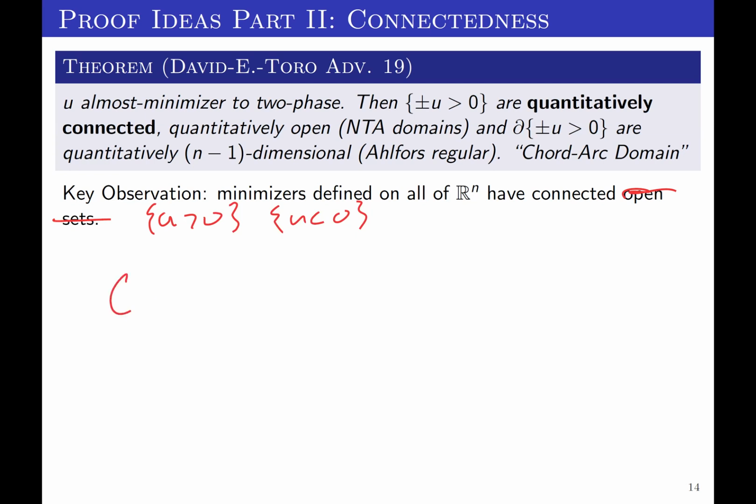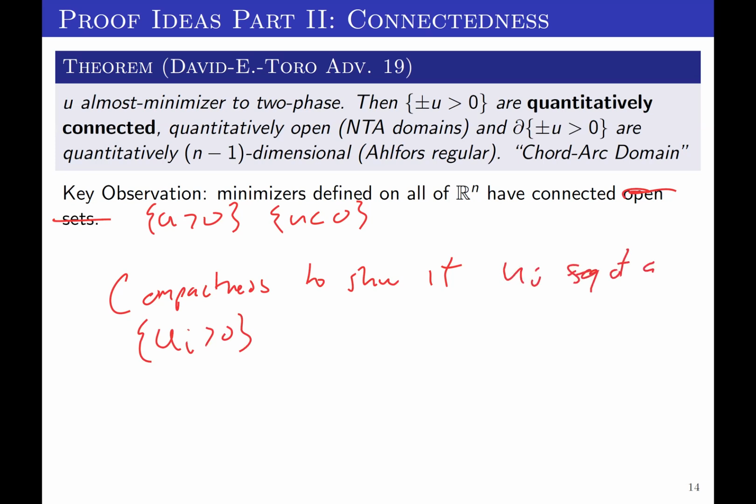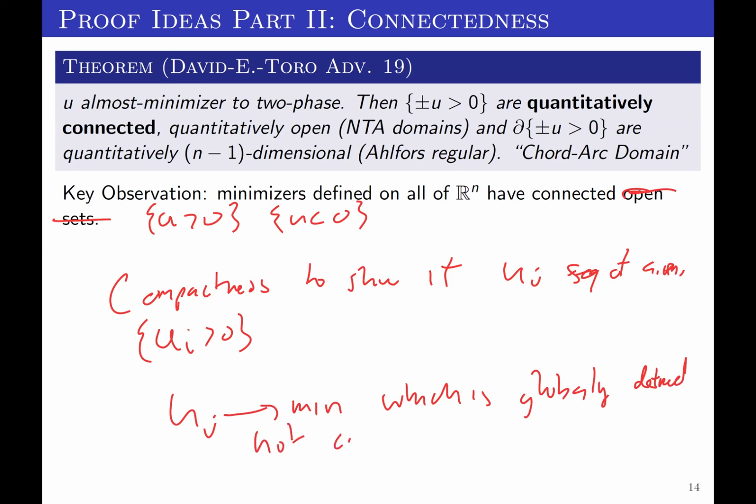And so basically we use a compactness argument to show that if, let's say, we have a sequence of positivity sets of a sequence u_i of almost minimizers, and if they're getting less and less quantitatively connected, then in the limit, they'll converge to a minimizer, which is globally defined, with a non-connected positivity set.